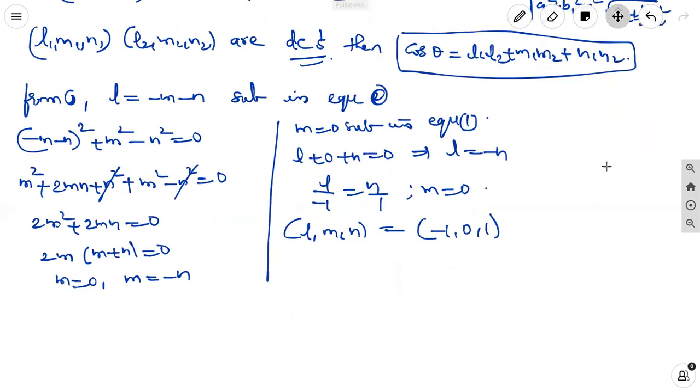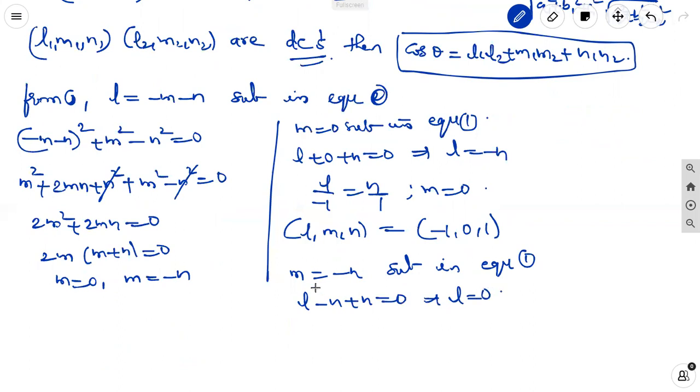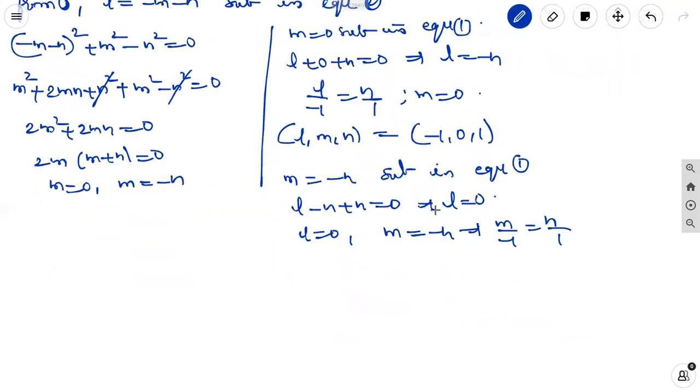Next we substitute m equal to minus n in equation 1. l minus n plus n equal to 0. From this l equal to 0. Here l equal to 0, m equal to minus n means m by minus 1 equal to n by 1. From this we are getting another set, l, m, n equal to 0, minus 1, 1.